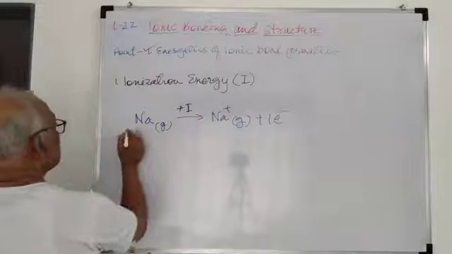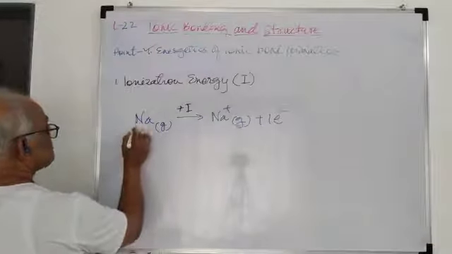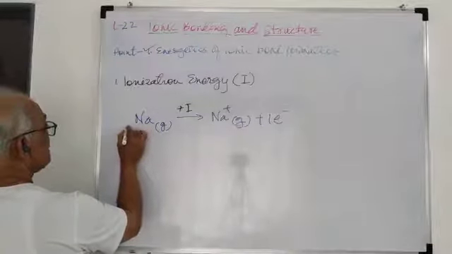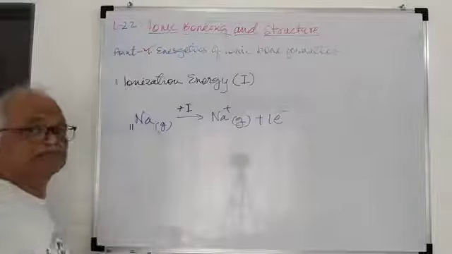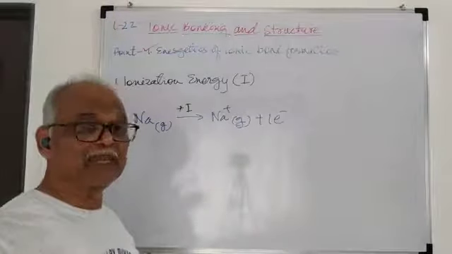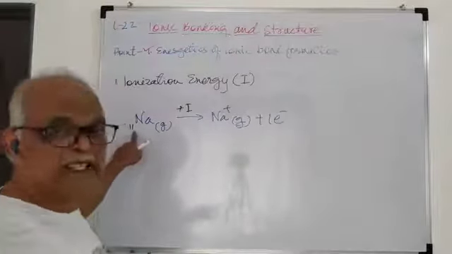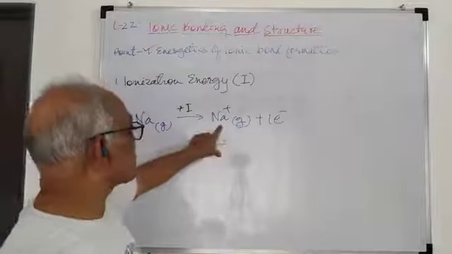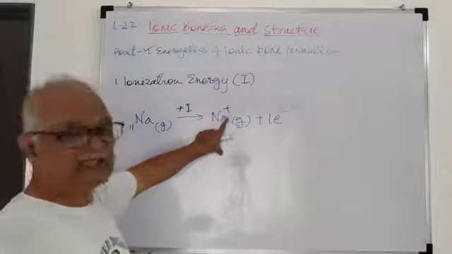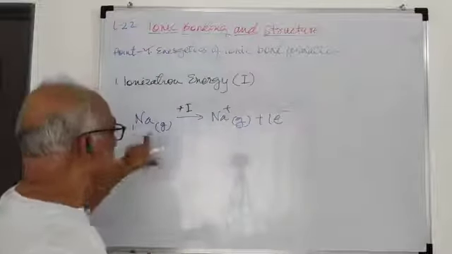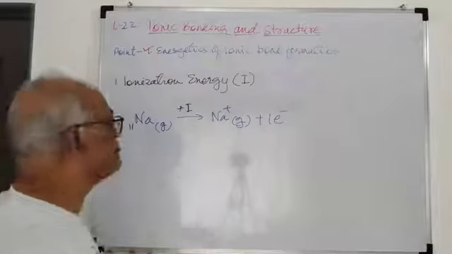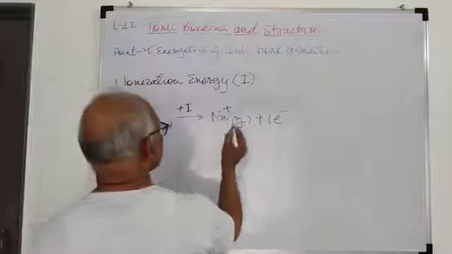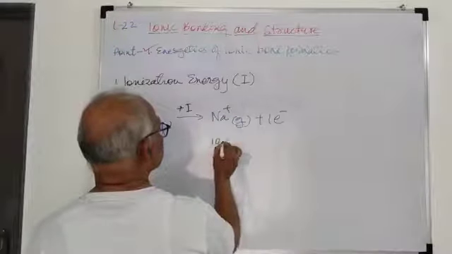With Na, the number of electrons in the sodium atom is 11. It indicates the number of protons as well as the number of electrons. But after the loss of one electron, this Na+ has the same atomic number, but only 10 electrons.